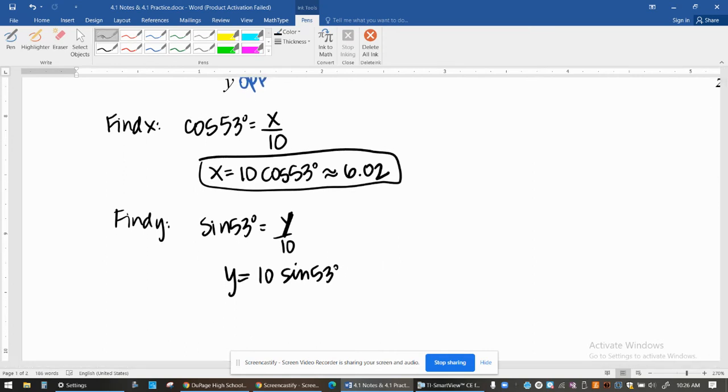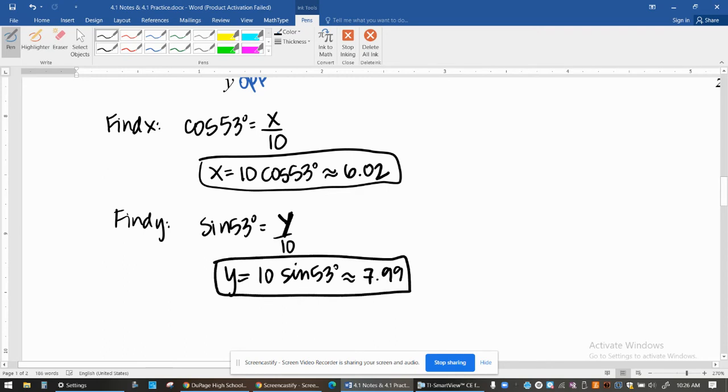And that'll give me approximately, go ahead and remember, you guys should be practicing on your calculator. So if you feel like I'm going too fast, remember, you can pause the video. This gives you 7.99. So that's the exact answer and the rounded answer. Not too bad, right?